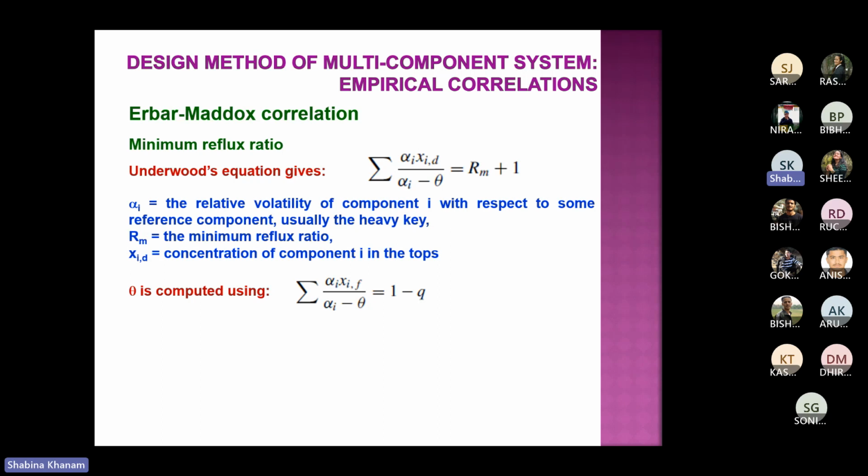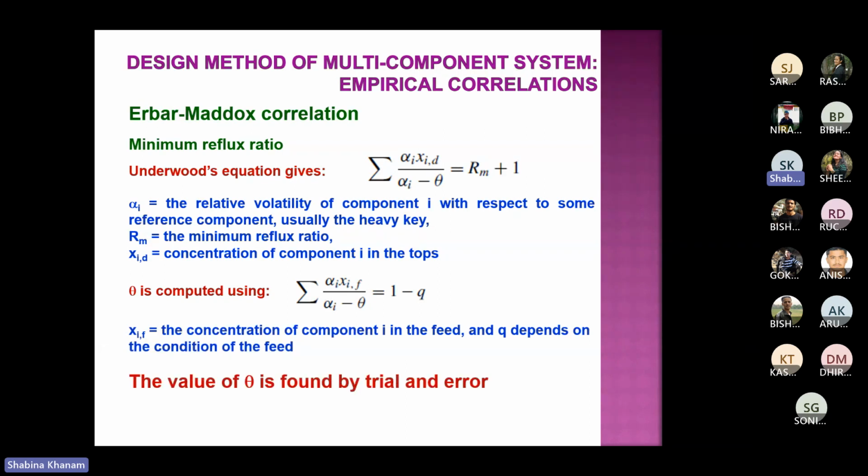So that theta you need to choose in such a way that the whole equation is satisfied. That would be done by trial and error, or simply if you have the equation solver, you can solve the equation through calculator directly, so that you can find theta directly.